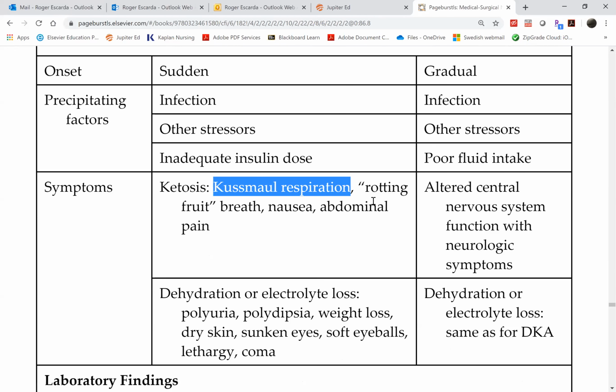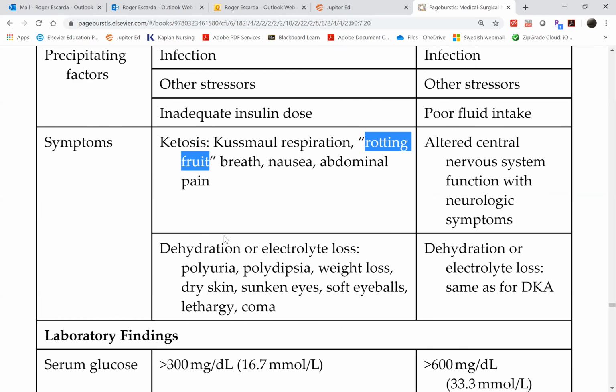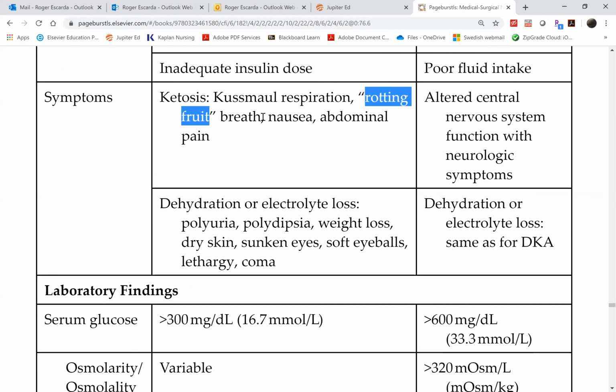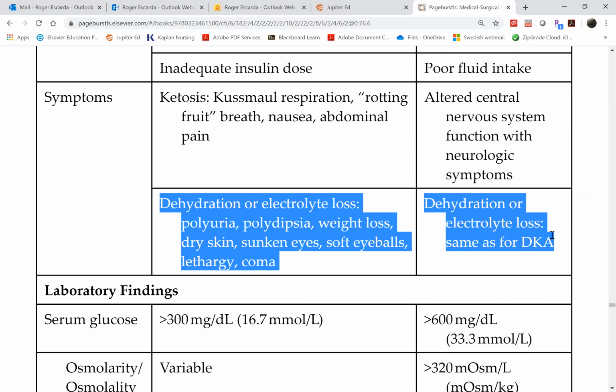And they also have that rotting fruit smell, or we also call that alcohol or acetone breath. We have nausea also and abdominal pain. Both cases, though, are severely dehydrated.